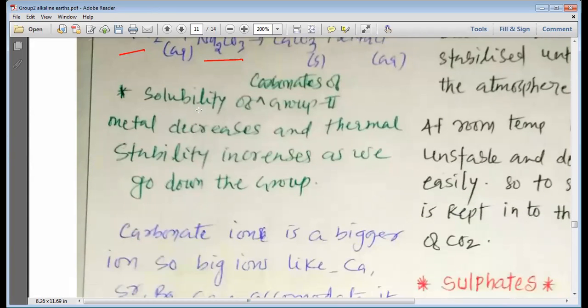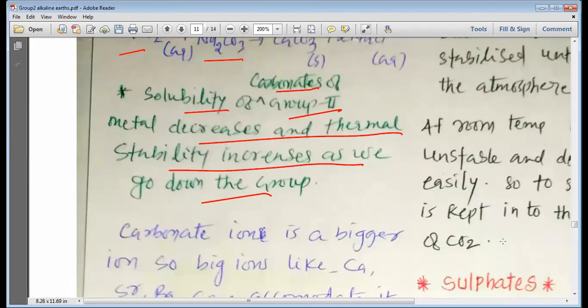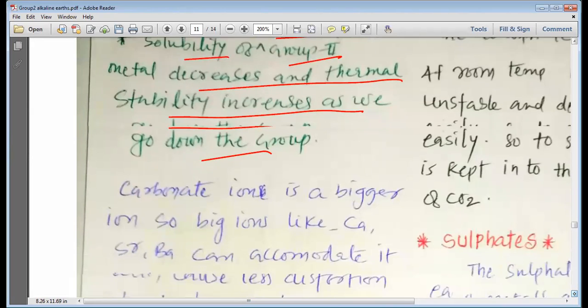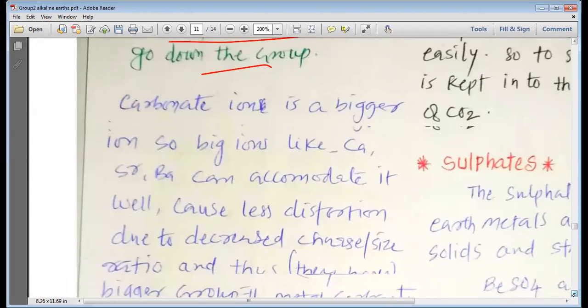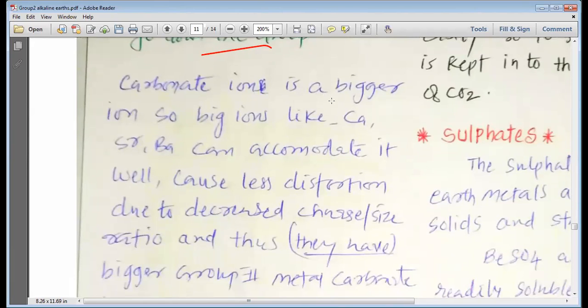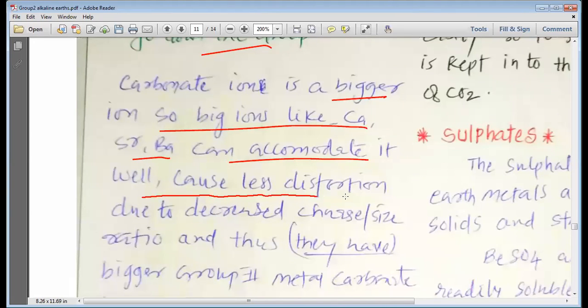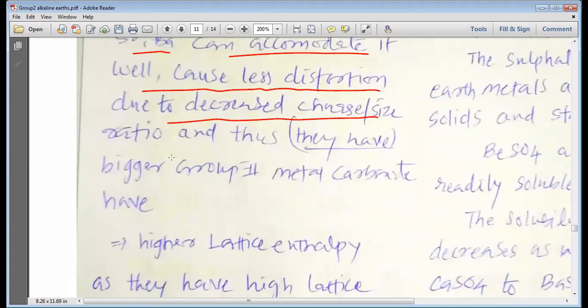In the same way, my dear students, solubility of carbonates of group 2 metals decreases and thermal stability increases as we go down the group. Carbonate ion is a bigger ion, so big ions like calcium, strontium and barium can accommodate them well, and that causes less distortion due to the decreased charge to size ratio.